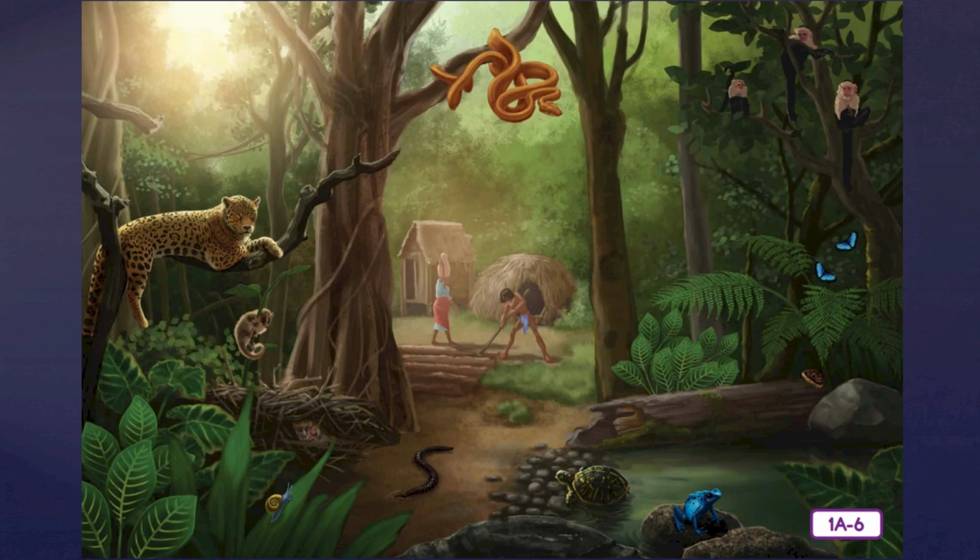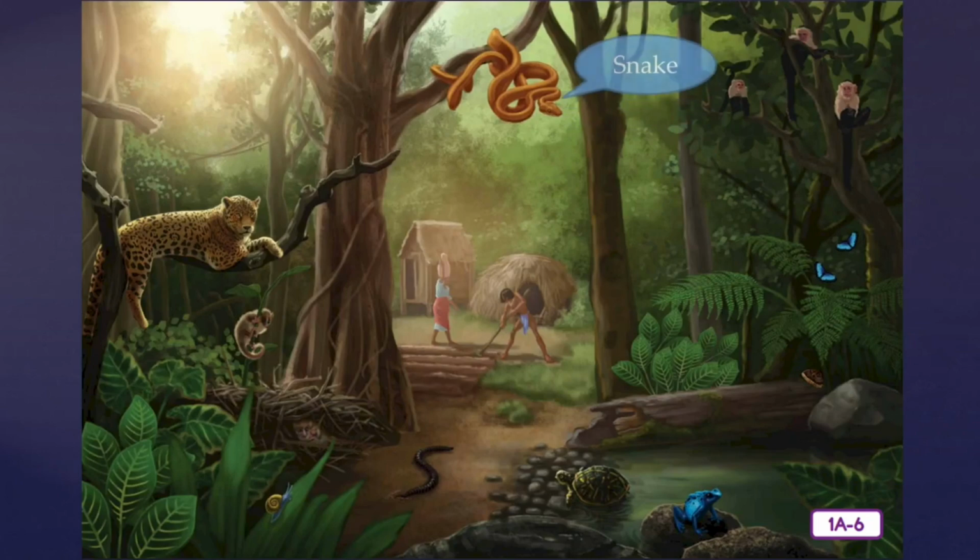To understand the difference between ecosystems and habitats, let's look at rainforests. A rainforest is an ecosystem, a community of living and non-living things. What are some things you would expect to find in a rainforest? Let's take a look at the image.